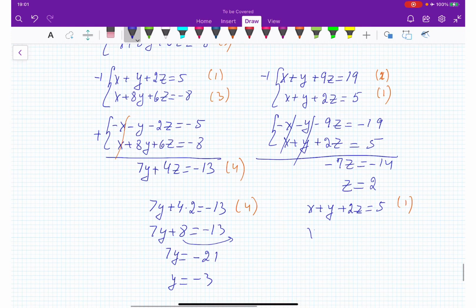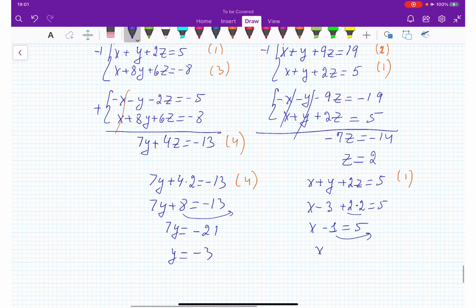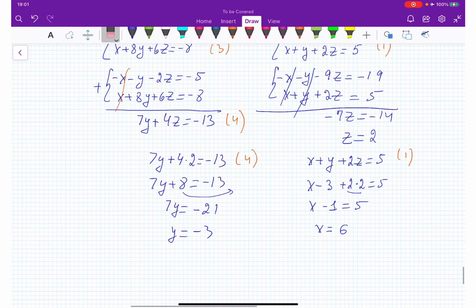And x plus, y is negative 3, so minus 3. z is 2, 2 times 2 is 4. 4 minus 3 is negative 1, equal to 5. Moving negative 1 here, x is equal to 6, because it becomes positive 1, right? And 5 plus 1 is 6, and we got the answer. So our solution is 6, negative 3, and z, the last one, 2.